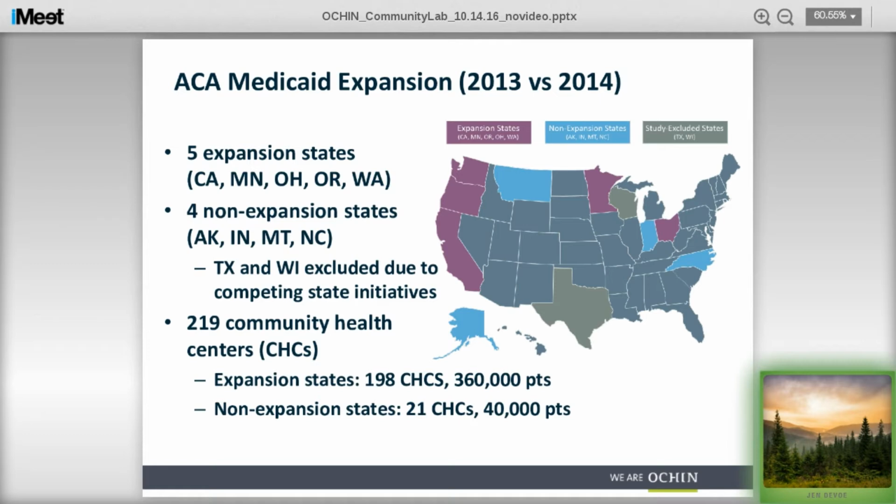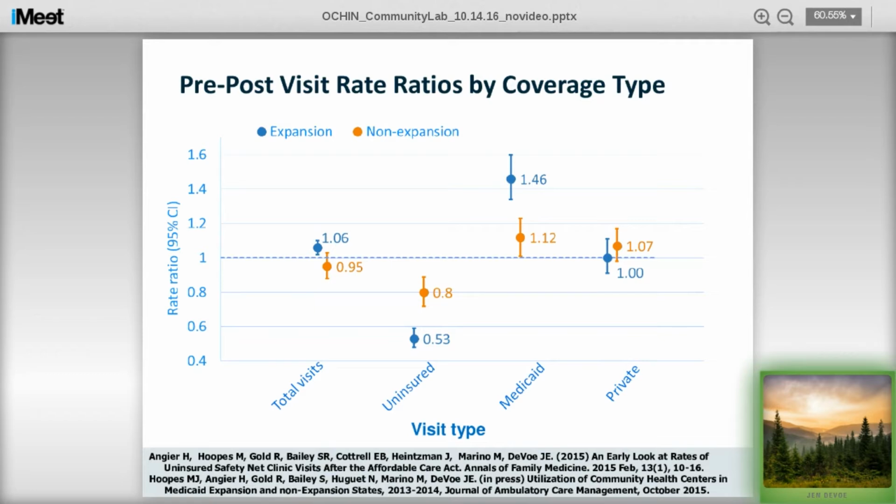So we were eager to look at what's happening in utilization among those different states and among those different patient populations. So we did a very initial pilot study and are now continuing some longitudinal studies for the next 3 to 5 years. But this is really just reporting on our first study of patients in 5 expansion states and 4 non-expansion states and how their utilization differed.